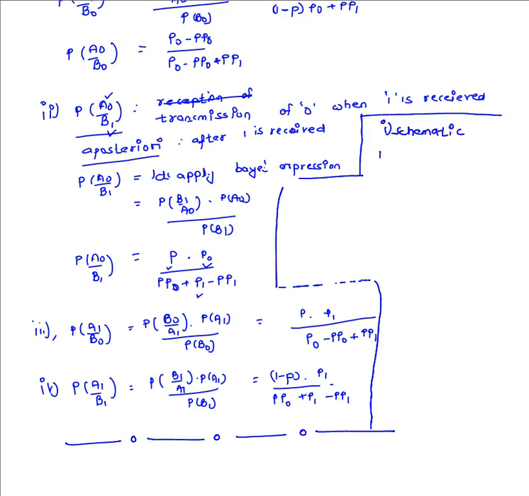We have assumed the probabilities of transmission as P0 and P1. We have assumed the channel is symmetric. That gives the probability of error as P and probability of correct transmission as 1 minus P. So two lines have the probability P and two transmissions have the probability 1 minus P.